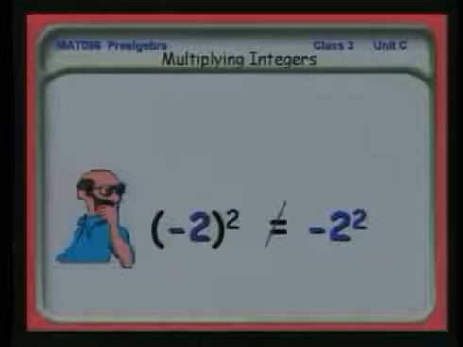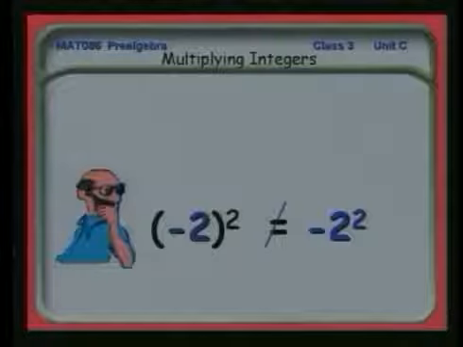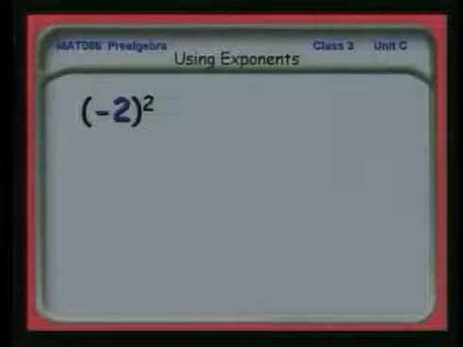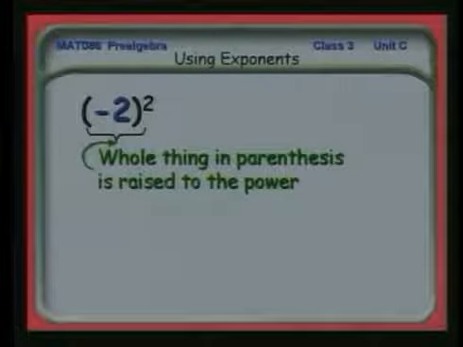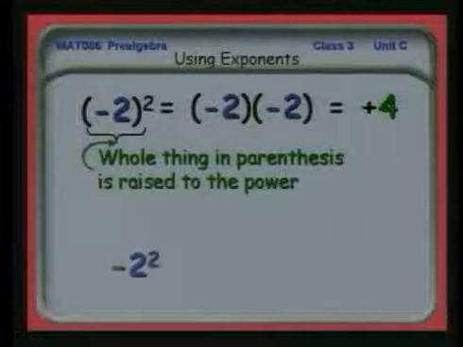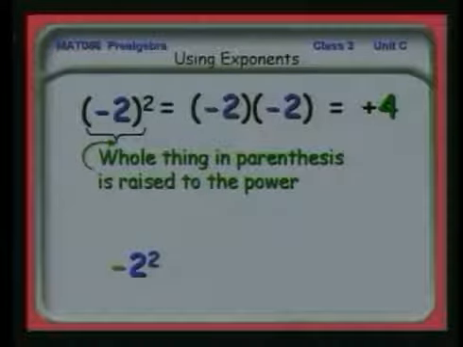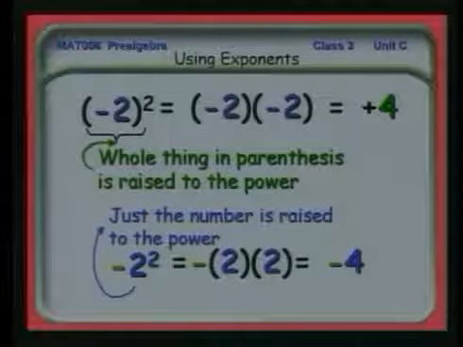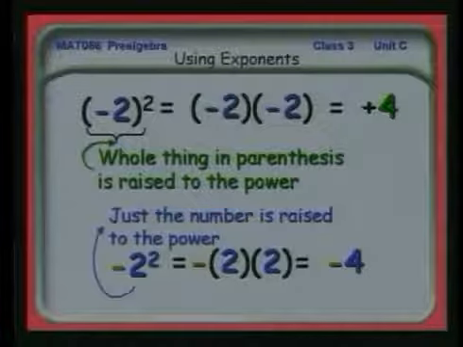Minus 2 squared is minus 4. You need to be careful and watch for this notation when you raise these things to a power. Be careful, I say. With (minus 2) squared, because the whole thing is in parentheses, the whole thing gets raised to the power. If you have minus 2 squared, just the number is raised to the power and the result remains negative.